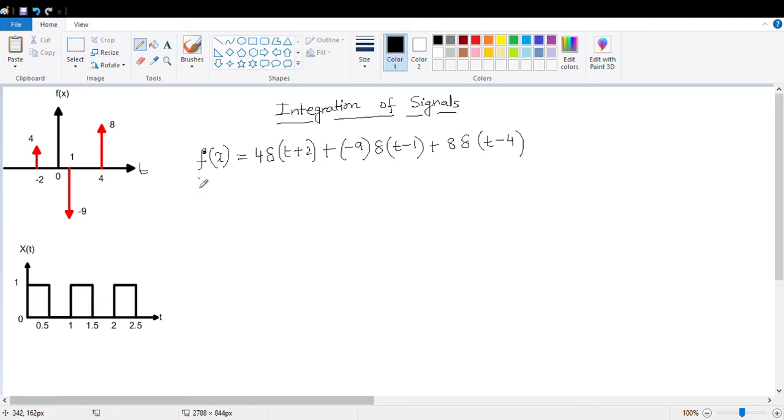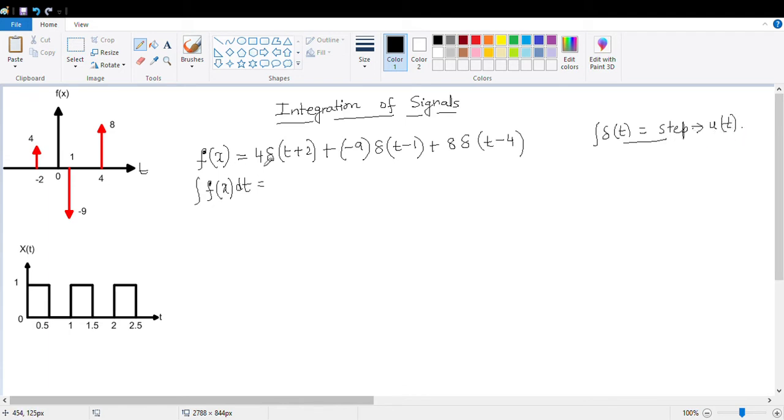Now if you integrate this function f(t) with respect to dt, what will you find? We know that if we integrate a delta function, we will get a step function.